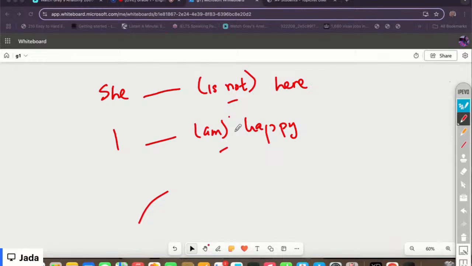Okay, what do we have here? Isn't. Okay, good job. So this is the right contraction that should be here. Okay, and then for this one, the last, what is the right contraction?